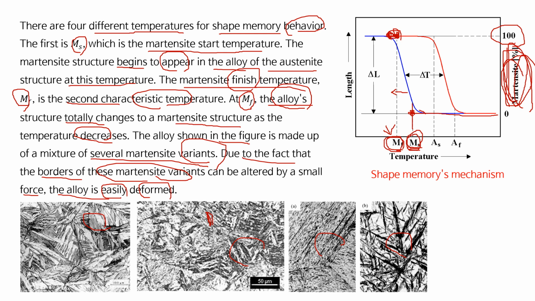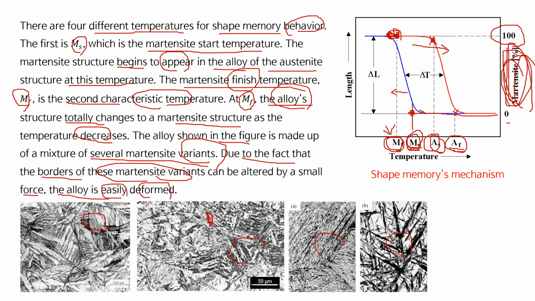So if we increase the temperature, then austenite start temperature, austenite... and at this temperature, austenite structure is 0, but at the austenite finish temperature, the alloy consists of 100% of austenite state.